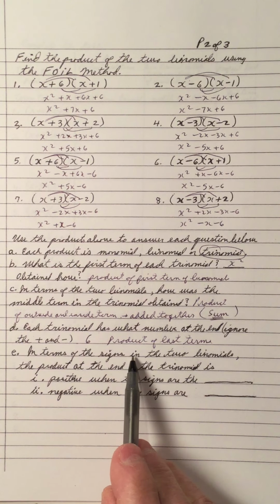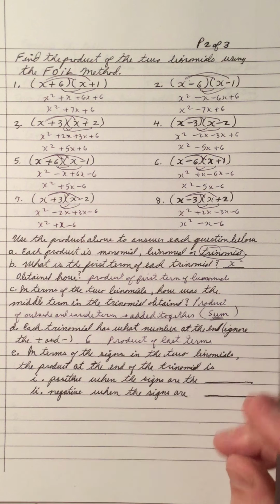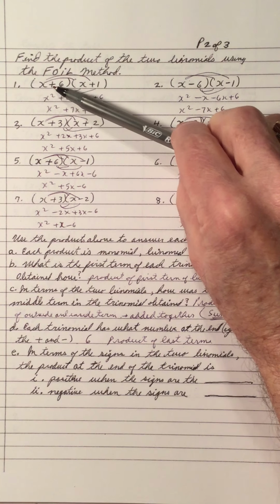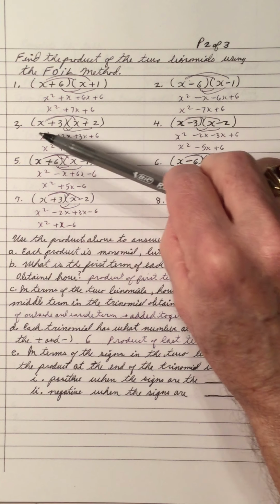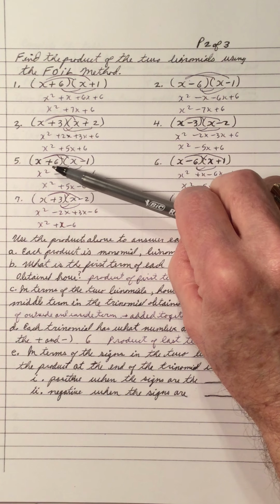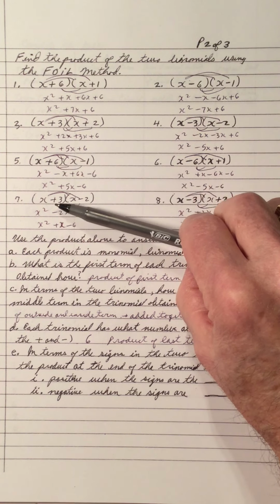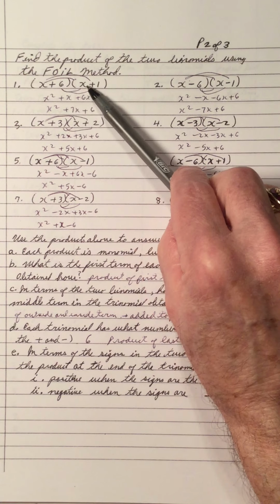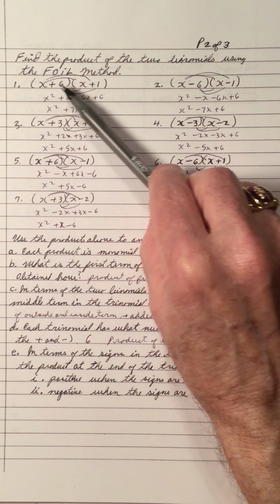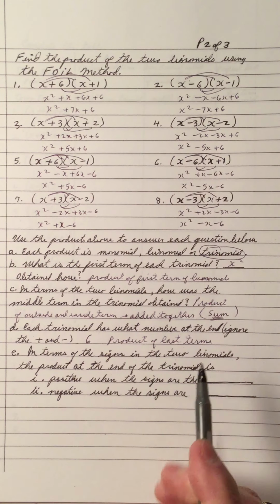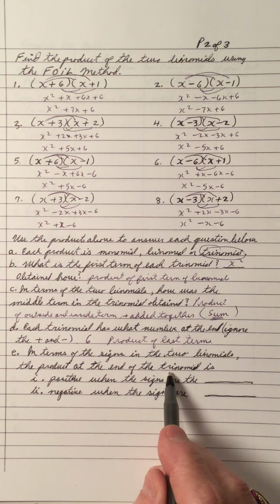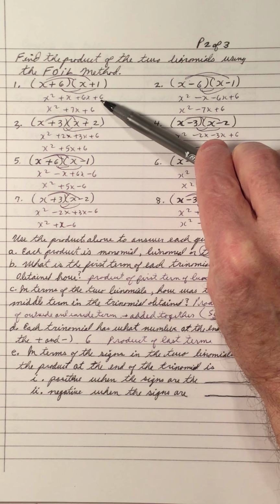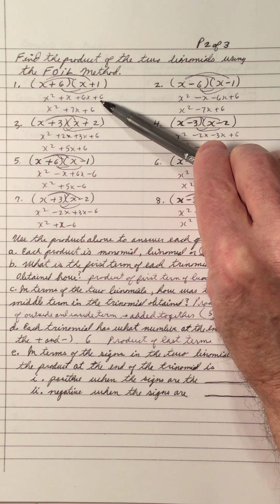In terms of the signs of the two binomials, plus plus, minus minus, plus plus, we have a plus minus, minus plus. The product at the end of the trinomial is a plus.